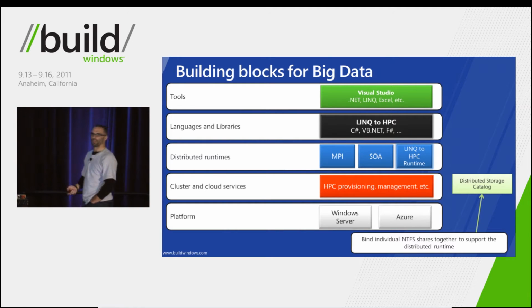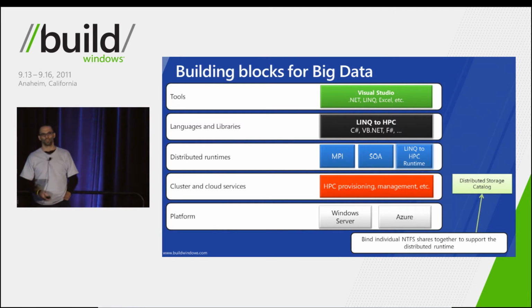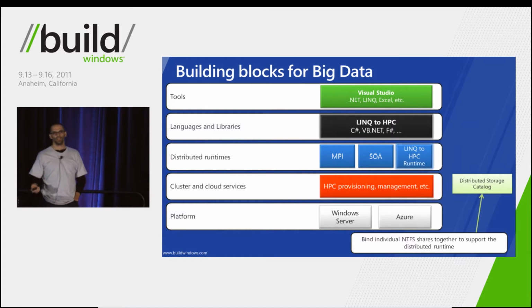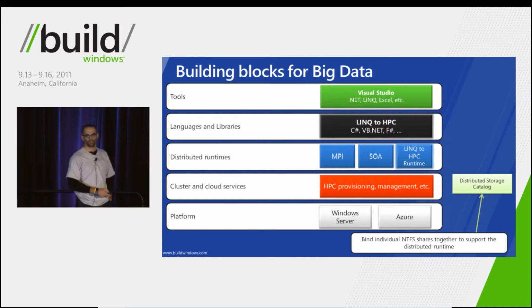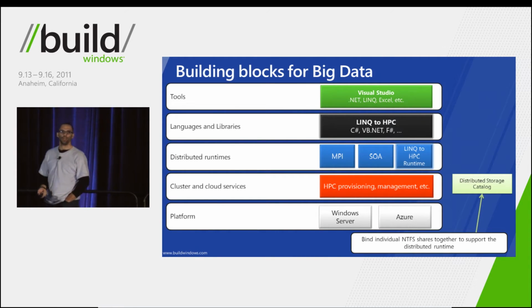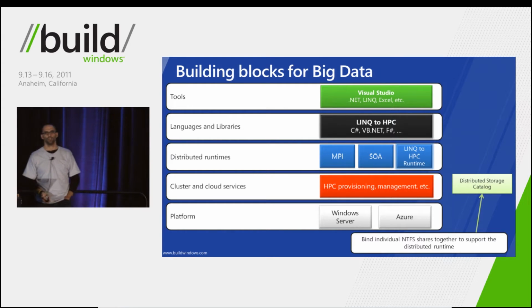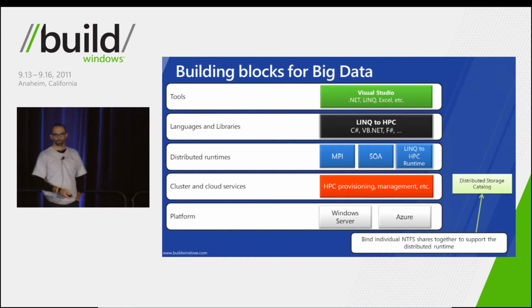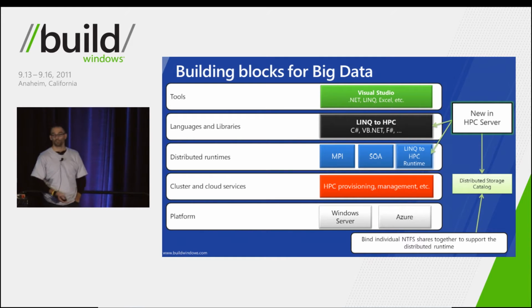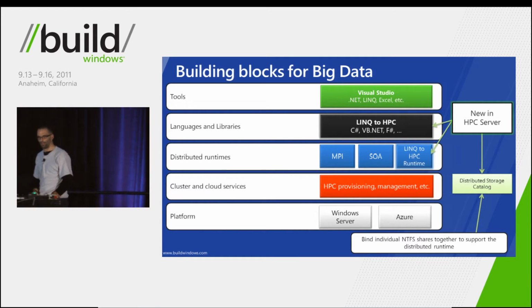So it's the file cataloging piece. It controls replication. It deals with node failure. It deals with balancing data across your nodes. And it works in concert with the runtime in order to get that data locality that we said was so important. So those are the three new pieces we've added, and I'm going to be drilling into those in a bit more detail.